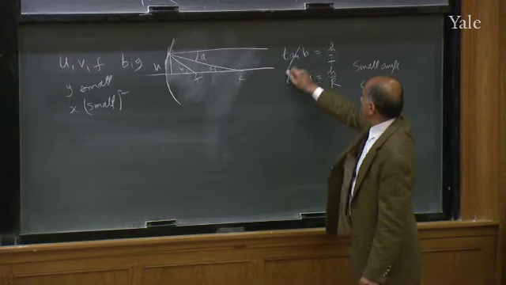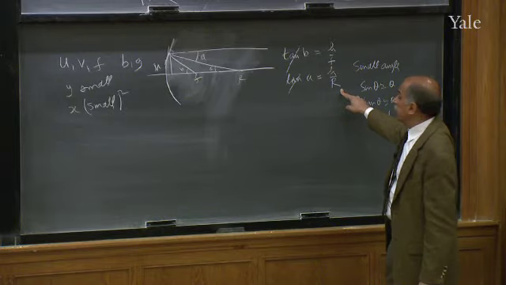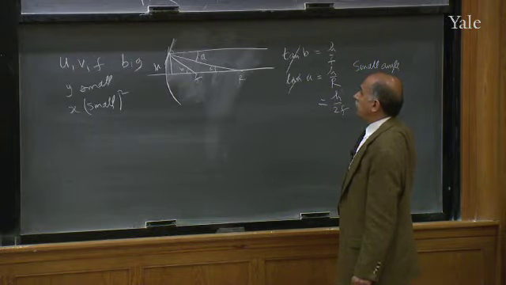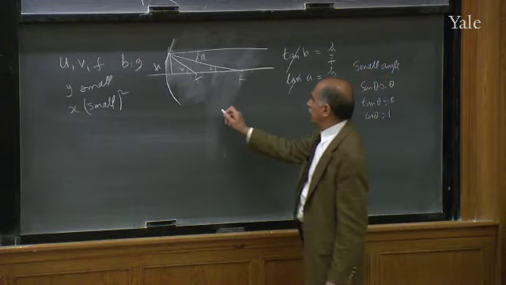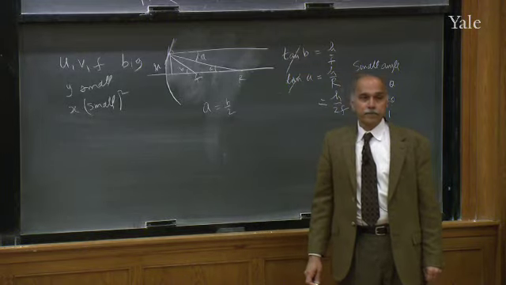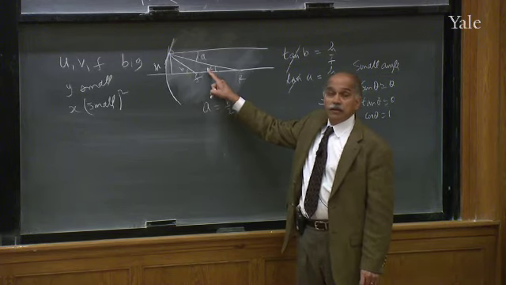So we delete the tan. And if you use the fact that r is equal to 2f, this becomes h over 2f, you can see that a is equal to b over 2. So a equals b over 2. That means b is twice as big as a.